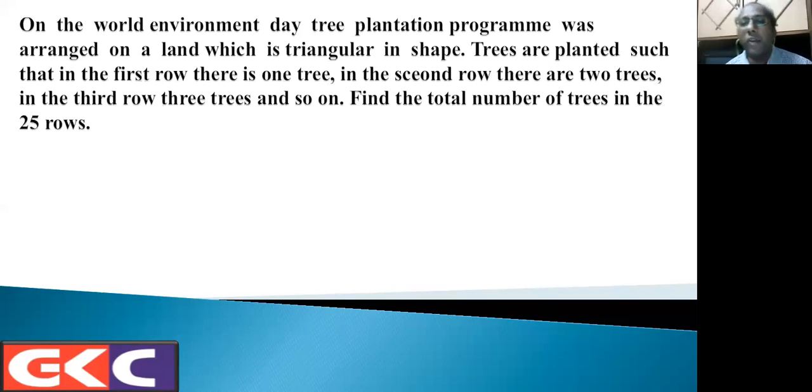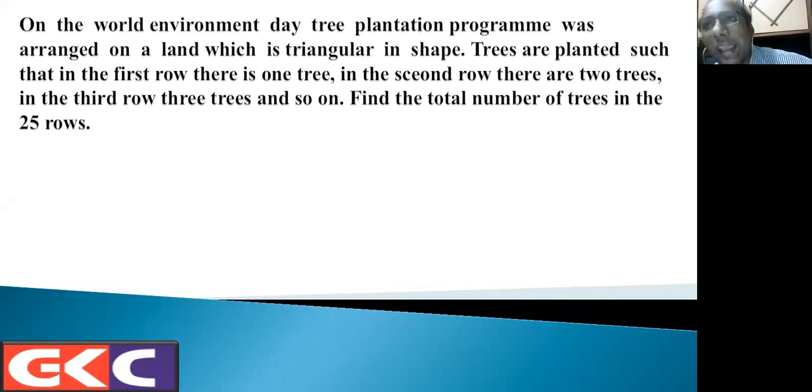Especially the last part: find the total number of trees in the 25 rows. इसी question को मैं कर सकता हूँ: find the total number of trees in the 25th row. Are you getting what I am changing over here? उससे क्या होगा, मुझे सिर्फ 25th row का answer चाहिए, number of trees in the 25th row, so that will be Tn.